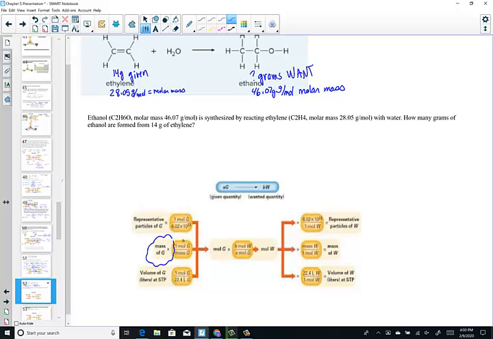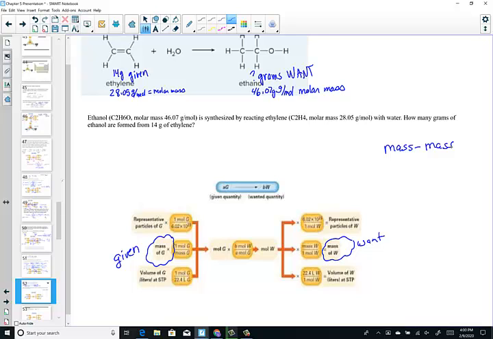We're way over here. We're at the mass of given. What do we want? We want to know a mass of the product. We're going to call these mass problems. Given a mass, calculate a mass.